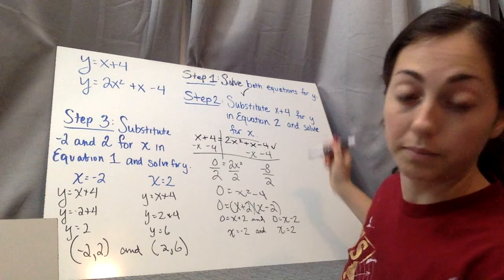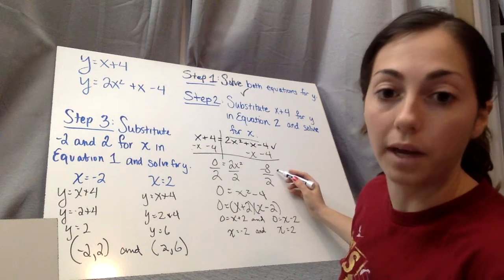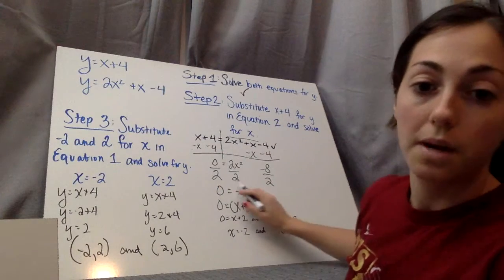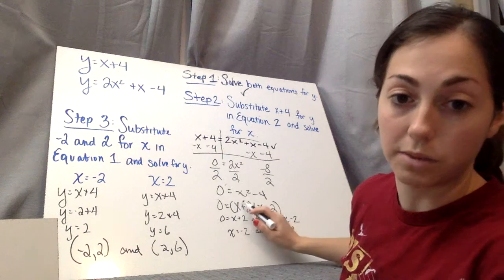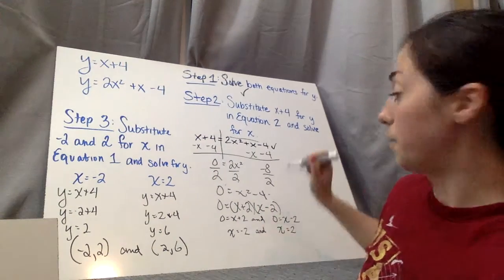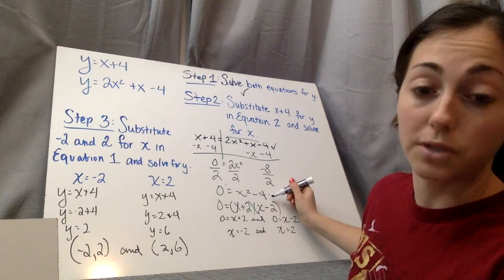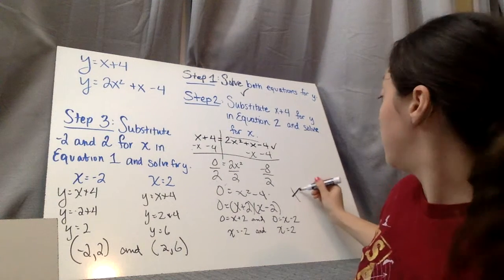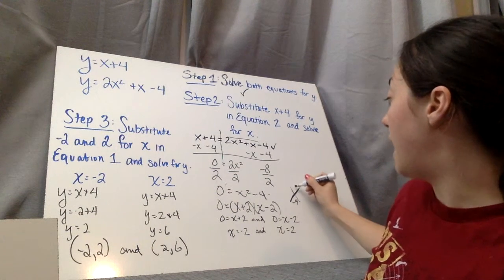So now to factor this out, I have a greatest common factor of 2, so I can divide out my 2 because it's an equation. 0 divided by 2 is 0. 2x squared divided by 2 is x squared. And negative 8 divided by 2 is negative 4. So now I have 0 equals x squared minus 4. Well, this is the difference of two squares. If I make my magic x, what multiplies to negative 4 but adds to 0?